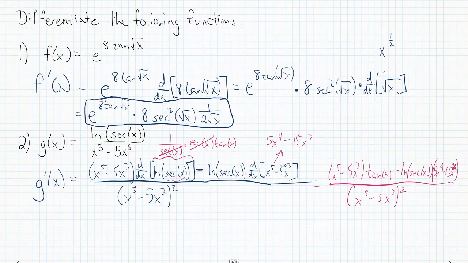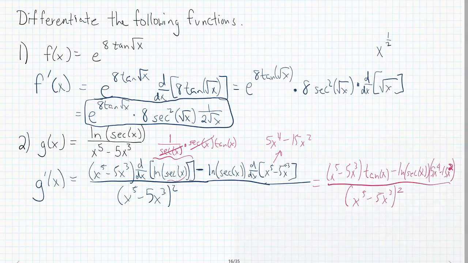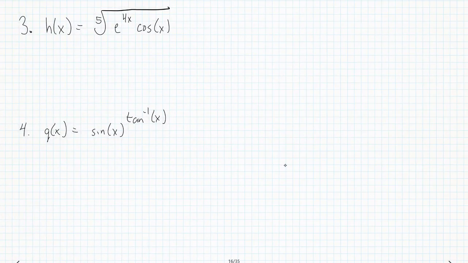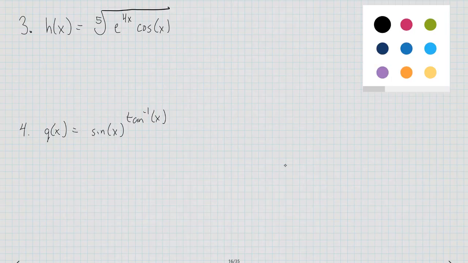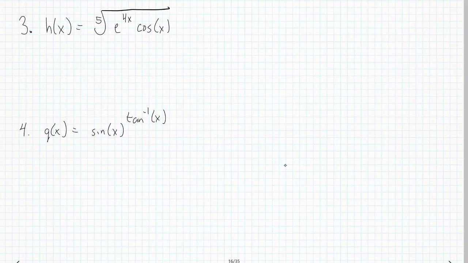All right, so we've seen differentiating. Let's try some more. Make sure we can get this down. With our next one, let's write it another way first because some people struggle to see this. You can write this as e to the 4x times cosine x, raised to the 1/5 power.